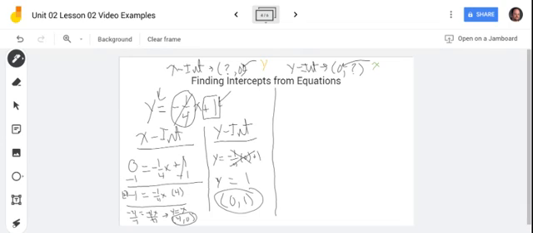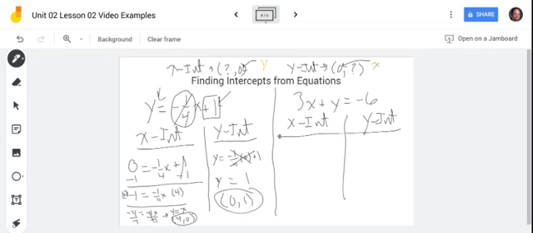Now, let's say that we have this in a different form. Let's say it's not in y equals, and I want to figure out the two parts fairly easily. Let's say that I have 3x plus y equals -6. So I'm going to say x-intercept, y-intercept.